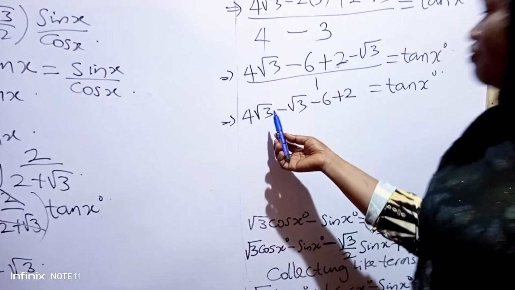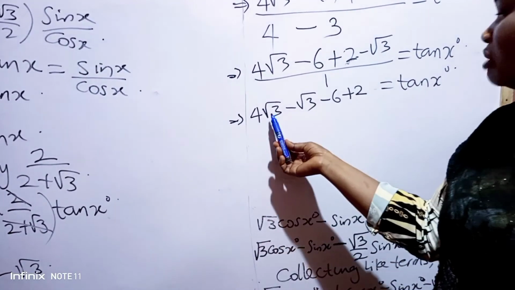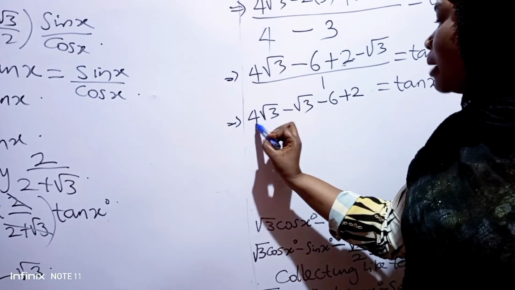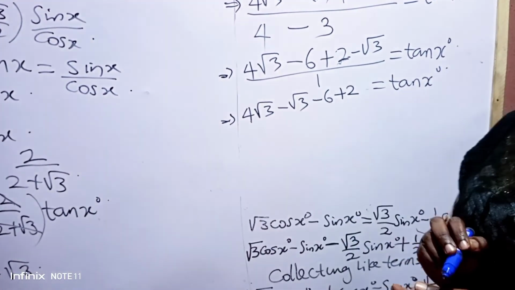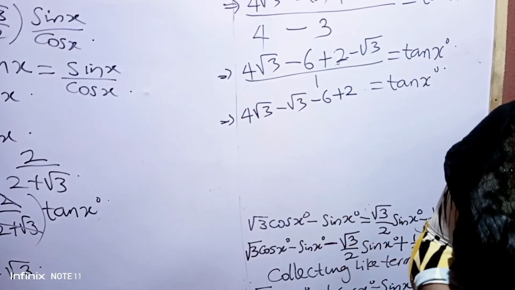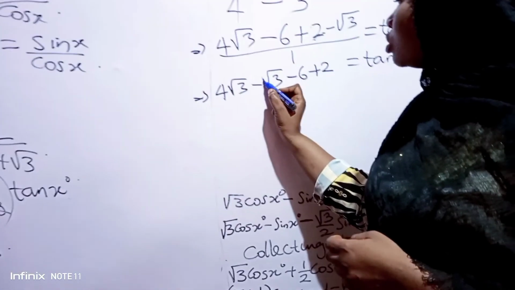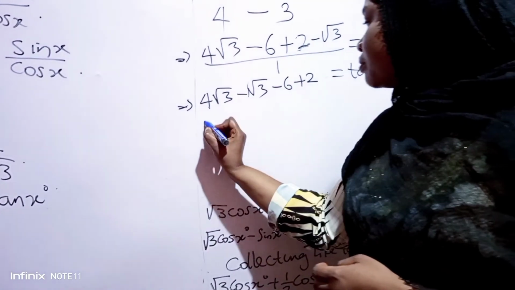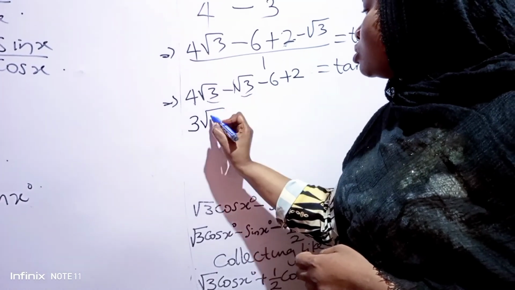So if you have the same thing inside the square roots, that means I can add or subtract their coefficients. So this is 4, and the coefficient of this one is 1. So 4 minus 1 gives me 3. Then I'll have to repeat the one inside the square root.